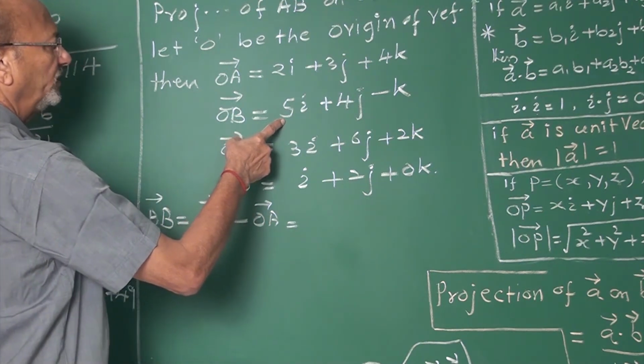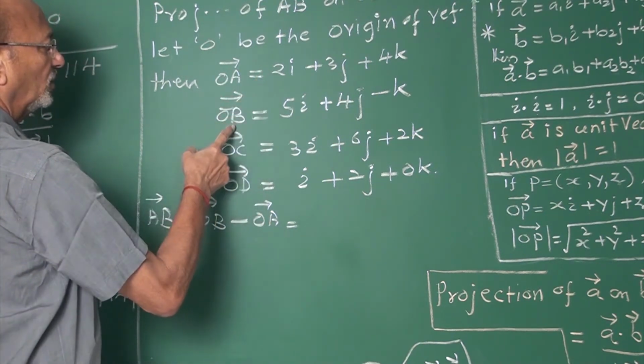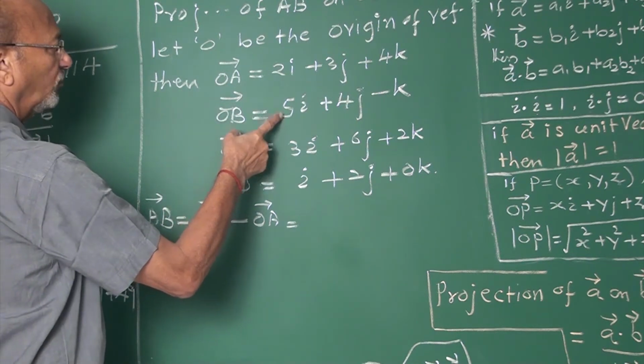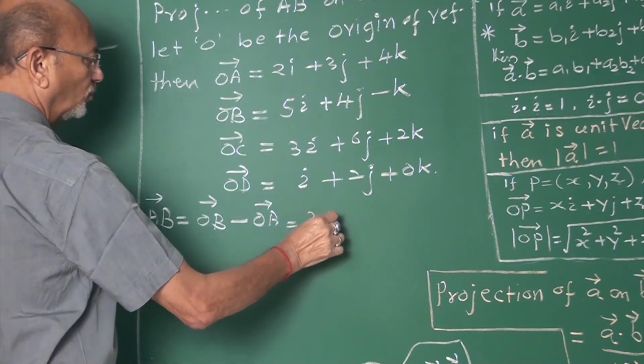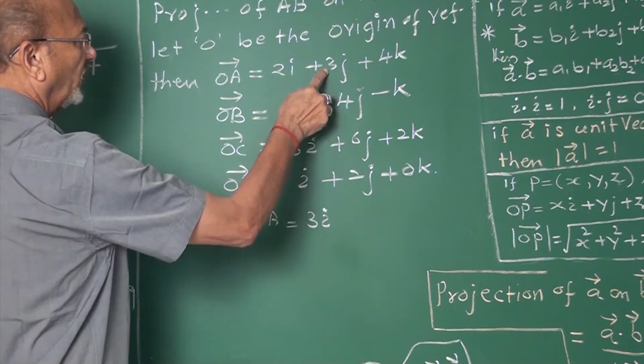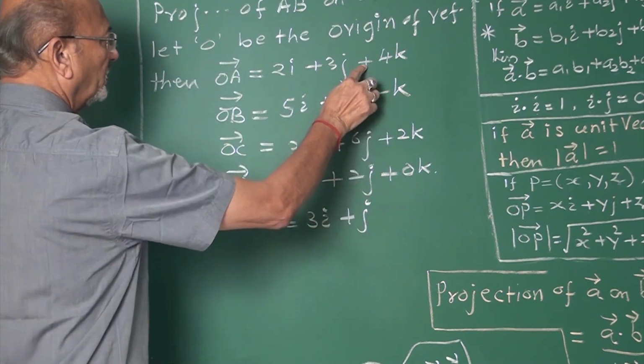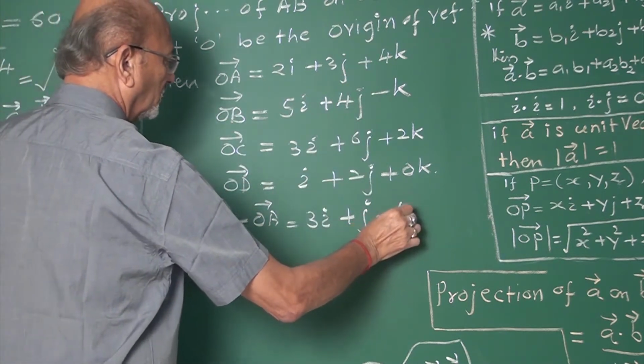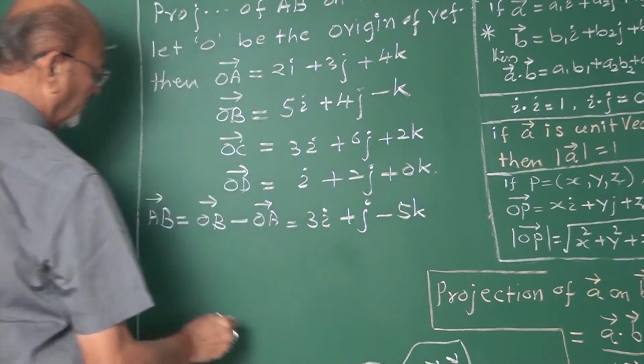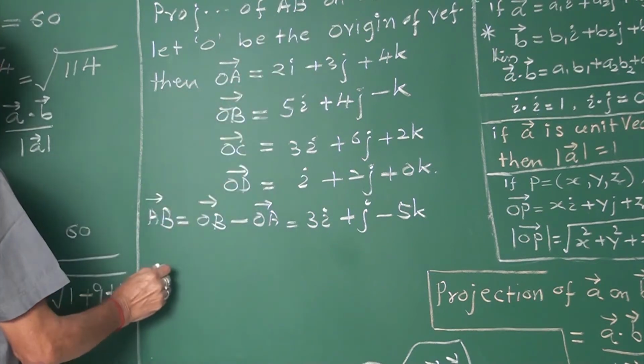This is OB, this is OA. OB minus OA: 5 minus 2, 4 minus 3, minus k minus 4k, minus 5k.